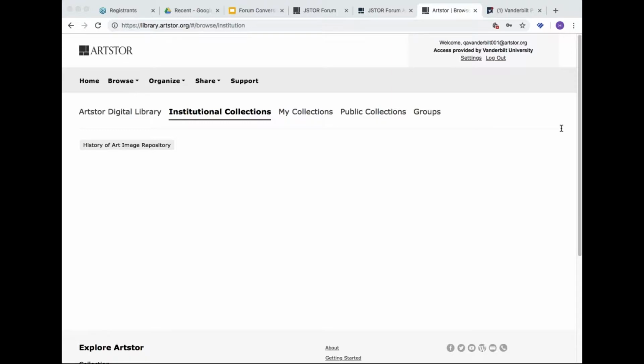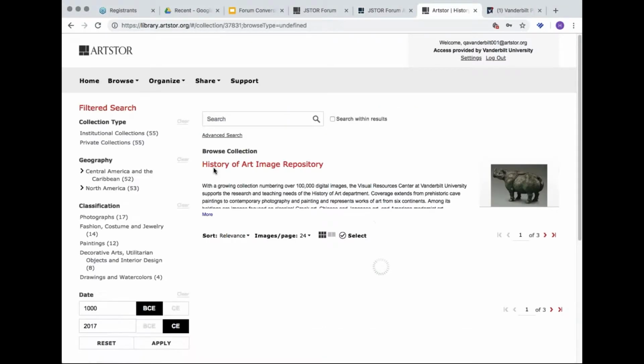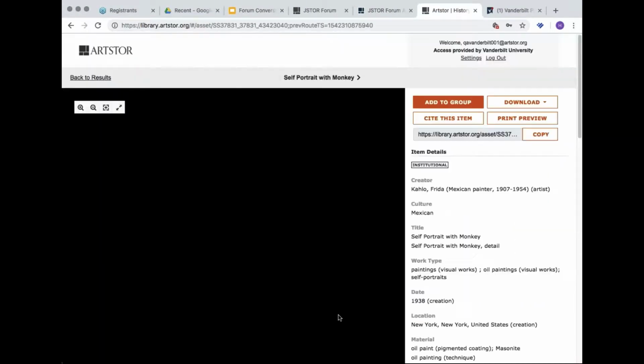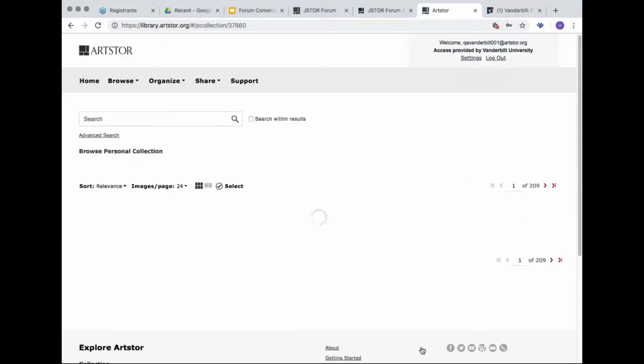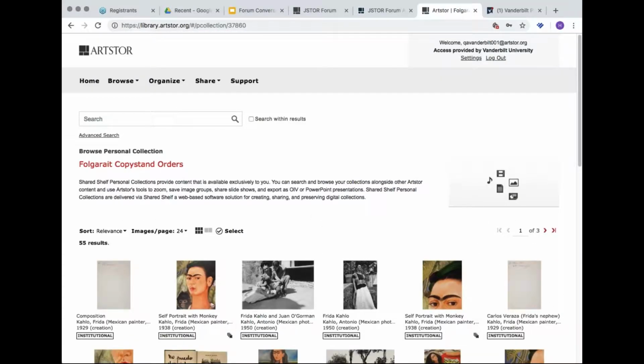Leonard Folgerate, whose collection of Frida Kahlo images we were just looking at, is in the weeds in this research, and because MDID was so inaccessible to him, he wasn't always sure if he had ordered something before, and because he only had it in PowerPoint, it was hard for him to go back and look for images that he had already had digitized.